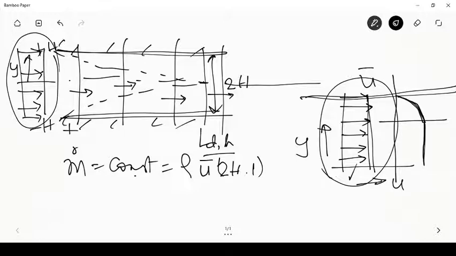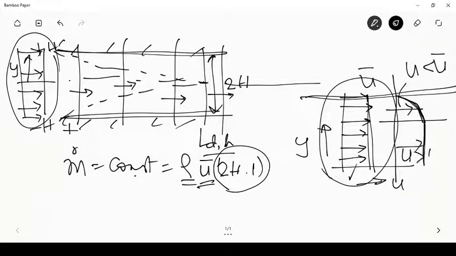Now if I need to have the average velocity over this section constant, and suppose for a moment let me assume that the density is constant, then this 2h into 1 remains the same, which basically means that if u is less than u bar in this region, because the flow has decelerated because of the presence of the wall, then in this region the u has to be greater than u bar, right?